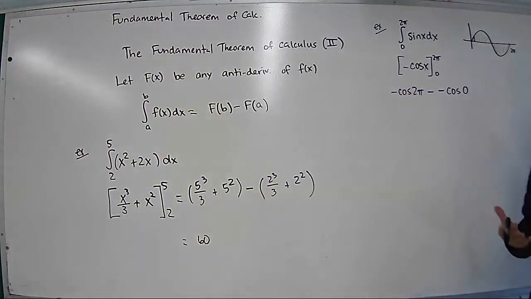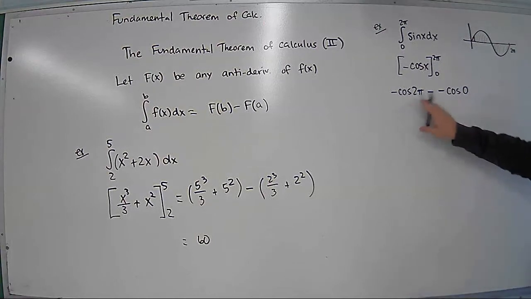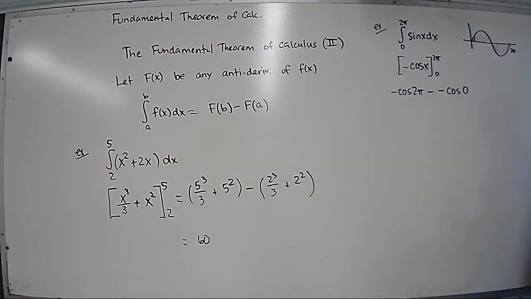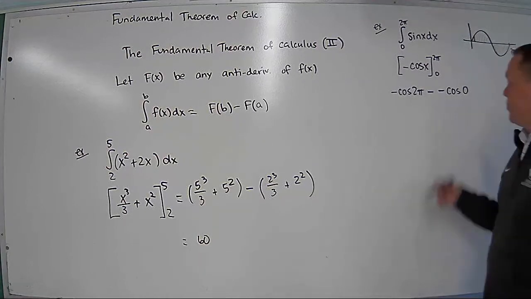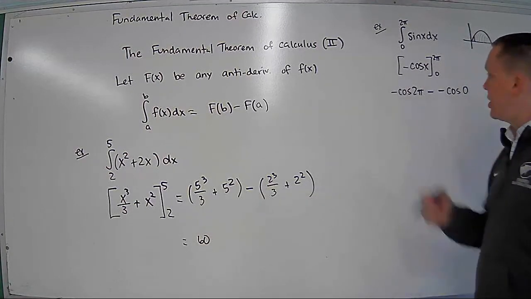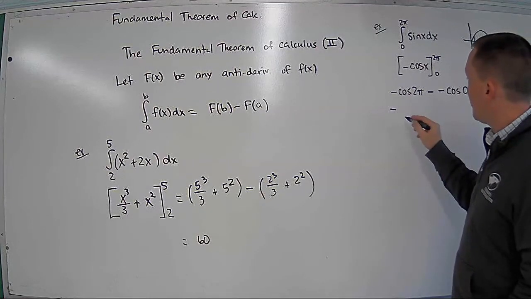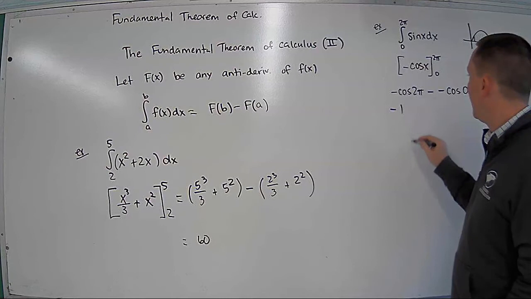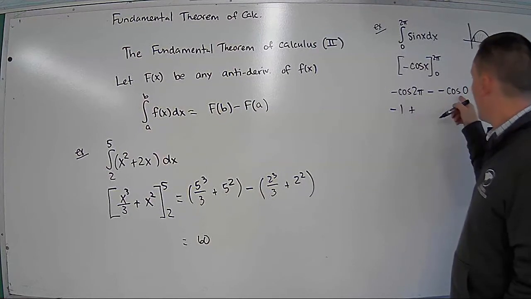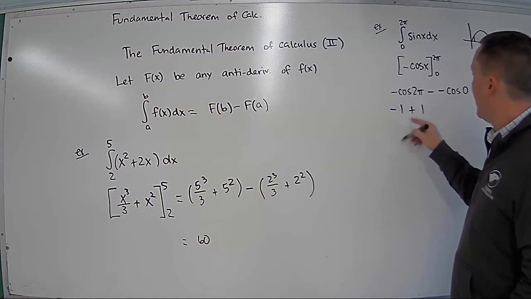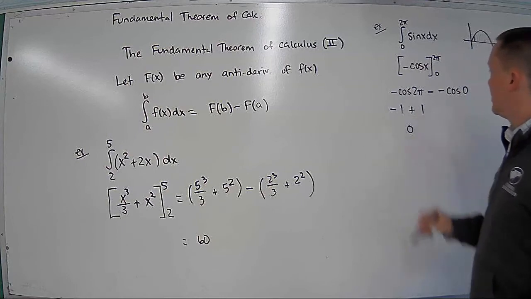I think it's okay right now for us to write minus minus. That way we don't make a sign error. Just go ahead and write minus minus and then clean it up later. So this is negative cosine of 2 pi, and the cosine of 2 pi is 1. Minus minus is plus, and then what's the cosine of 0? 1. Negative 1 plus 1 is 0.